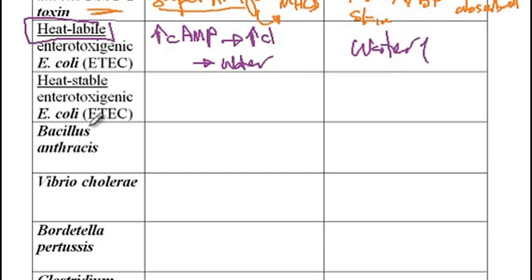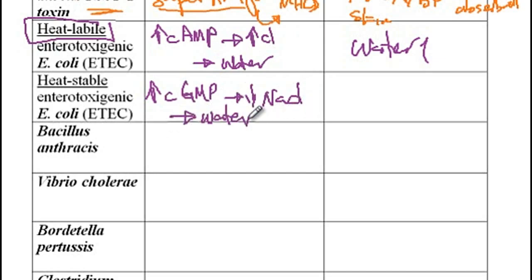While with the heat-stable toxin, there is an increased cyclic GMP, which will decrease resorption of salts. So cyclic AMP increases secretion of chloride, while cyclic GMP decreases resorption of salts, as a consequence of which water will stay inside the gut, and again there would be watery diarrhea with both cases.